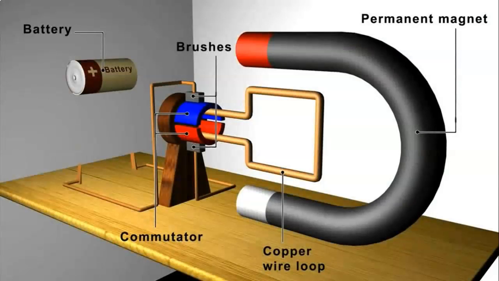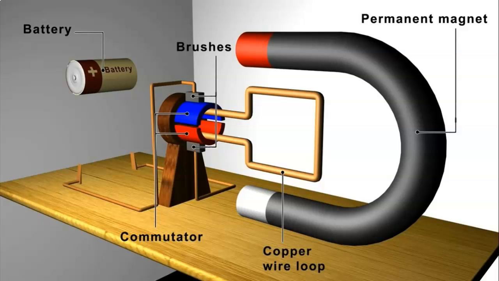Two of the most important applications of the relationship between electricity and magnetism are the electric motor and the electric generator. By definition, an electric generator is a device that converts mechanical energy into electrical energy using electromagnetic induction. The reverse conversion of electrical energy into mechanical energy is done by an electric motor. This is a very simple and basic structure of an electric motor. We can see the battery, the commutator, the brushes, the copper wire loop, and the permanent magnet.